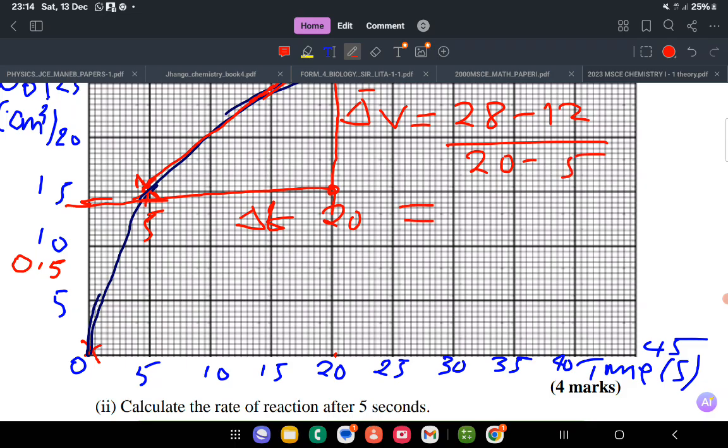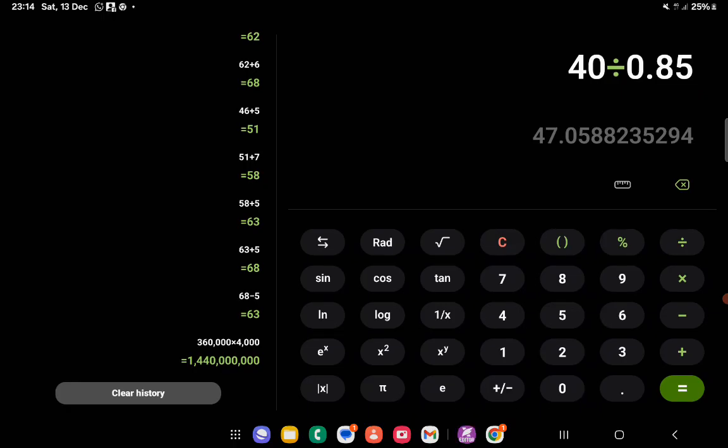This is just a rough calculation, since I'm not quite exact in the determination of the points there, but that's how you can do it. So you have 26 divided by 15. 26 divided by 15 is roughly 1.7.